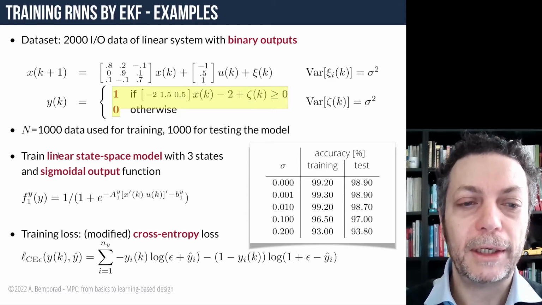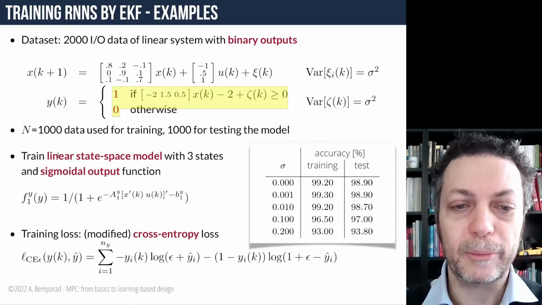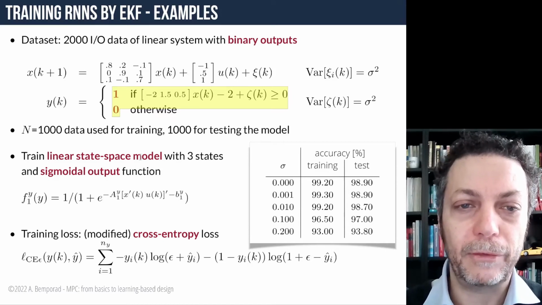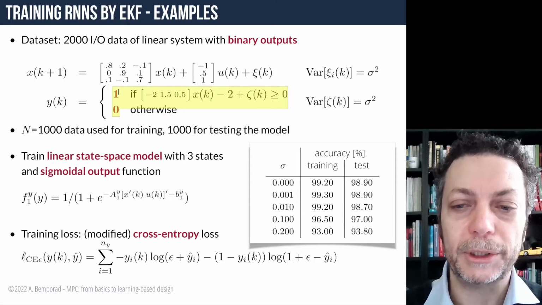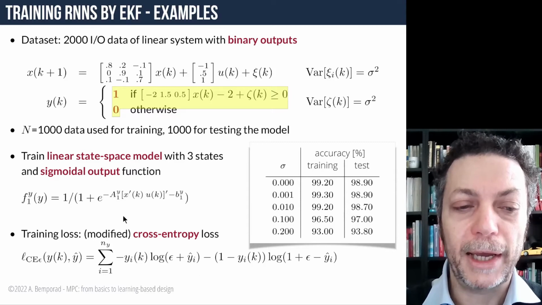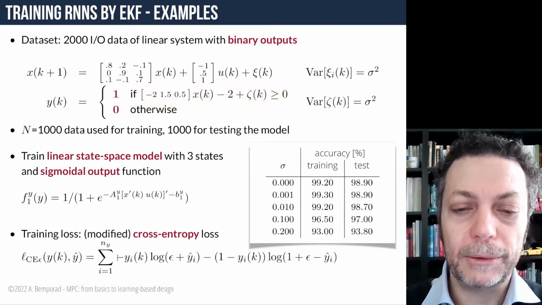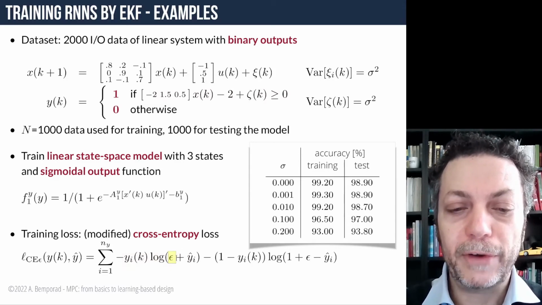So you can train a model which has a linear state space model, so there is no activation function in the state update equation, and you have a sigmoidal output function to generate an output signal which is between 0 and 1. And as a training loss, you can consider the standard cross entropy loss, where this is a modified version of it.